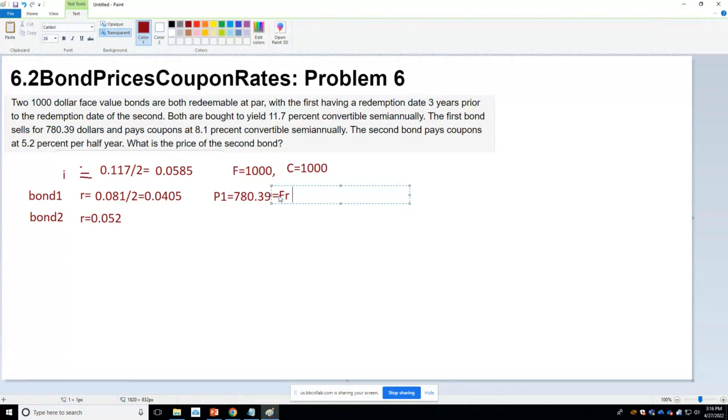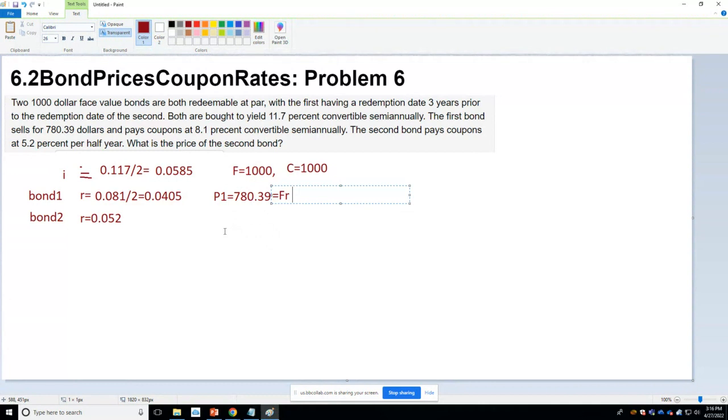So redeemable 3 years earlier. How many payments? What was the term of the bond? How many years would the bond be? It didn't say how many years. I guess n would be the problem. It looks like we do not know the number of coupon payments.